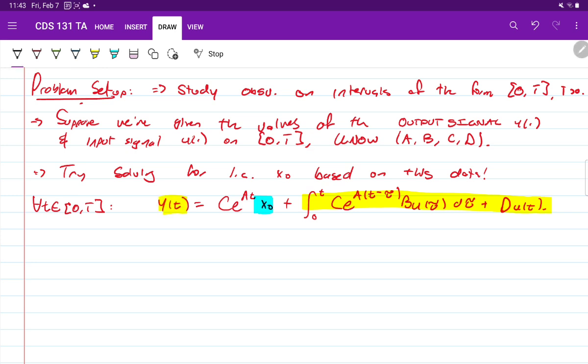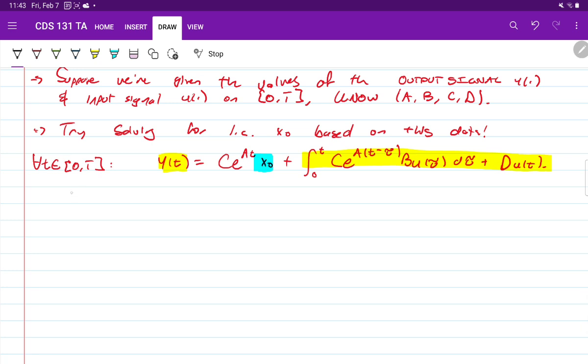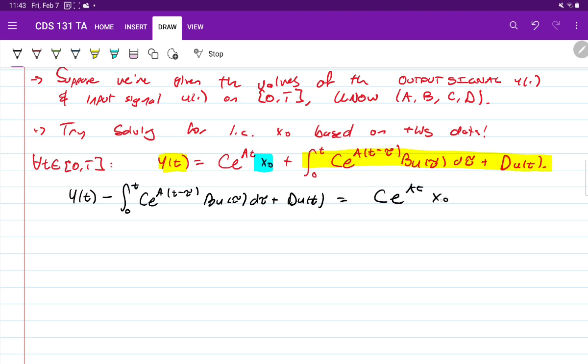If I do that, I get y(t) minus the integral from 0 to t of C e^(A(t - τ)) B u(τ) dτ, minus D u(t), and that's going to equal C e^(At) x0. So what I want to do is solve for x0.